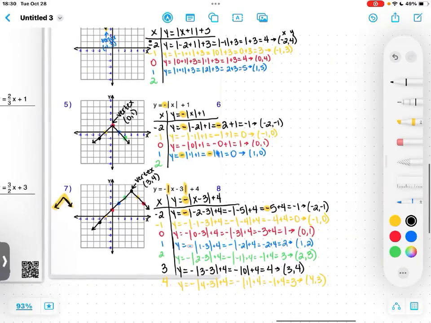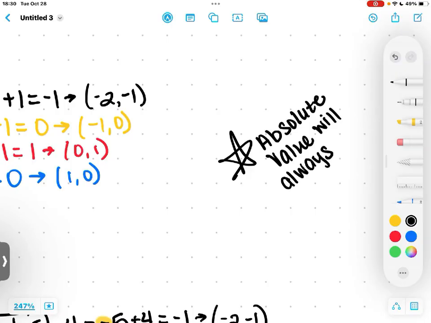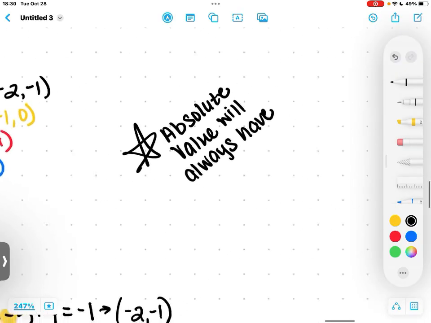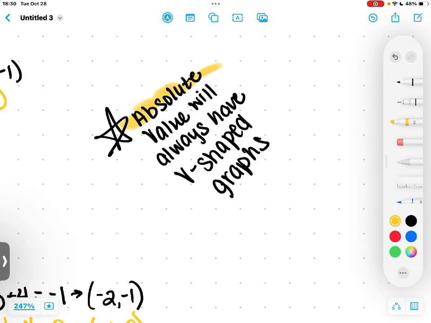It's something along those lines, but you have to show it's a V. Absolute value will always have V-shaped graphs. That is a rule for absolute value.